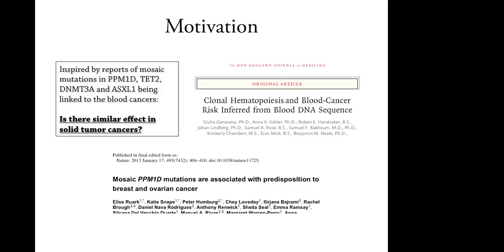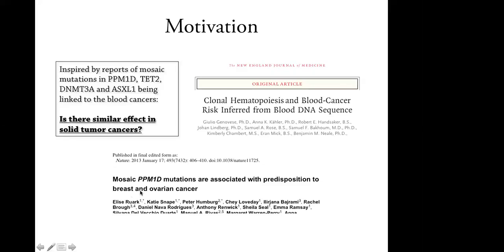So then a reasonable question would be to ask if the same effect could be observed for solid tumor cancers, which is not as trivial because technically those mutations would arise only in blood, right? And you don't know per se anything about the tumor.